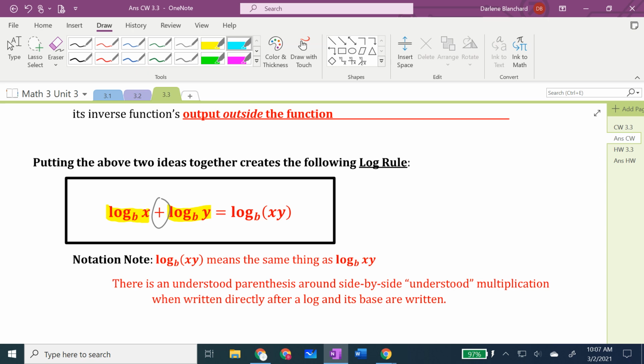And then when I look at the right side, these parentheses right here are emphasizing that this is inside of the log function. And when they are side by side, we understand that that means a multiplication symbol is between them.